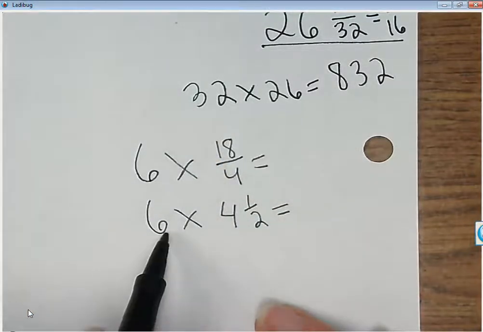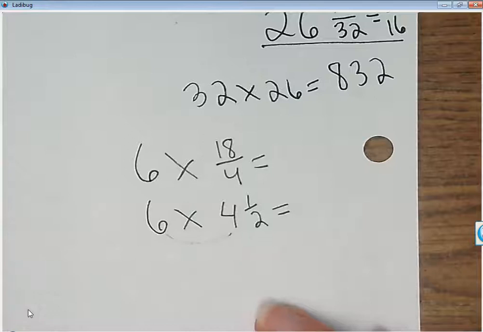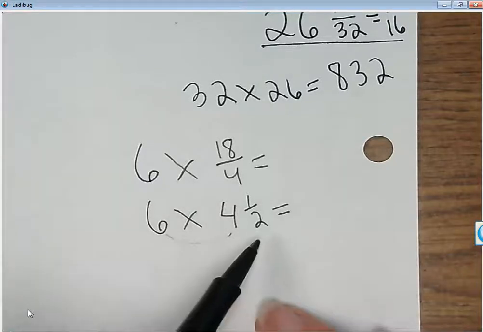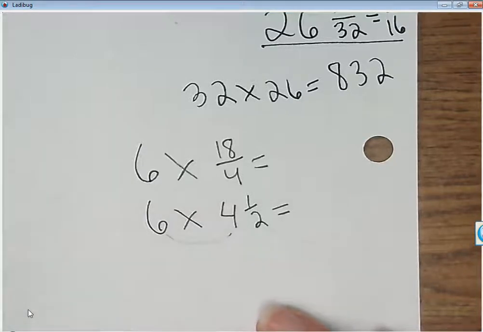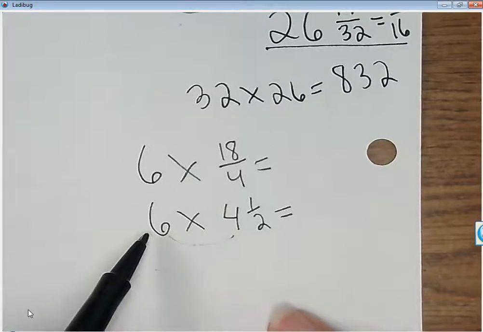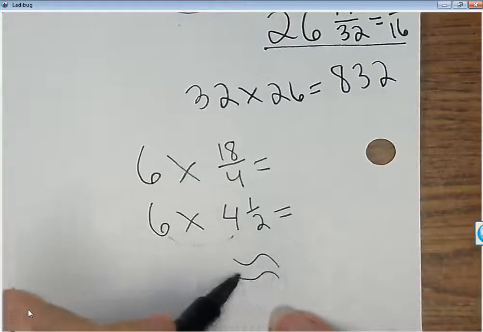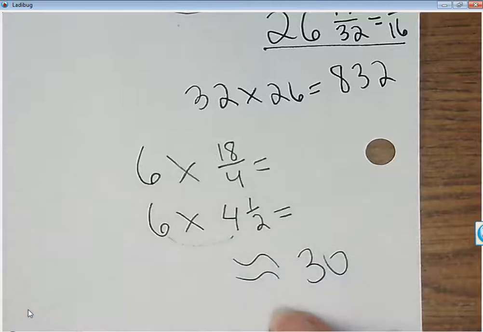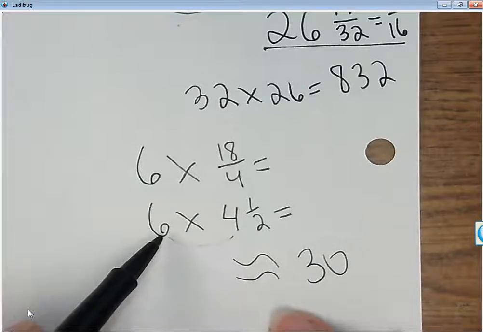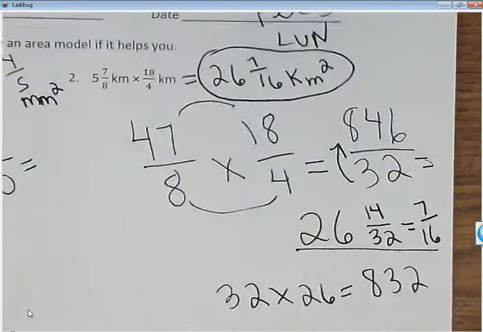So our answer should be about 6 times 4 is 24, but we might want to round it up because it's a half. So it would be like 6 times 5. So my answer should be about 30, or somewhere between 24 and 30. And my answer was between 24 and 30.